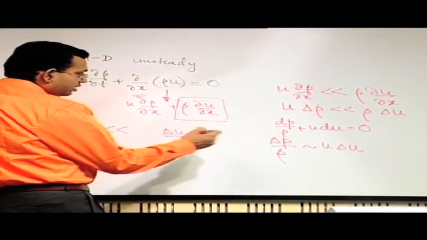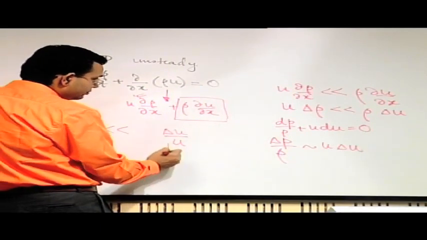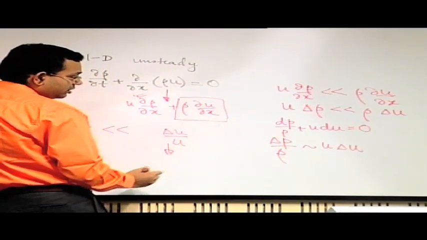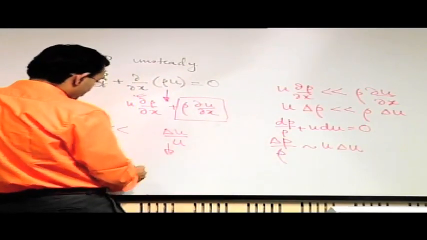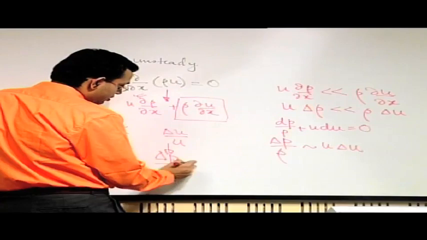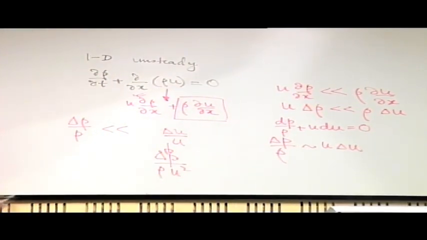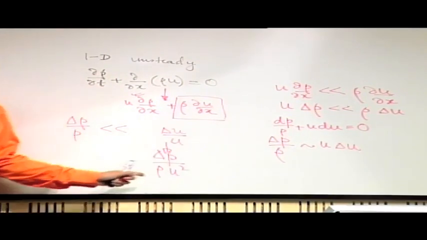And in place of delta u, you can write this as delta p by rho u square is delta u by u.